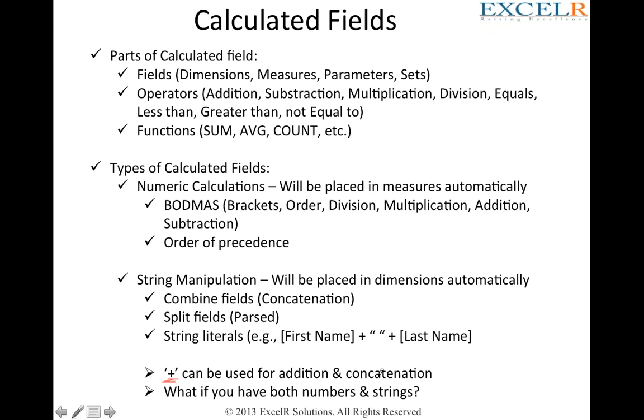It can also be used for concatenation. My question to you all is, what if I'm trying to add? Here I've added both strings, that's fine. That's an easy thing for us. But what if you have both numbers and strings? And what if you want to add these two?